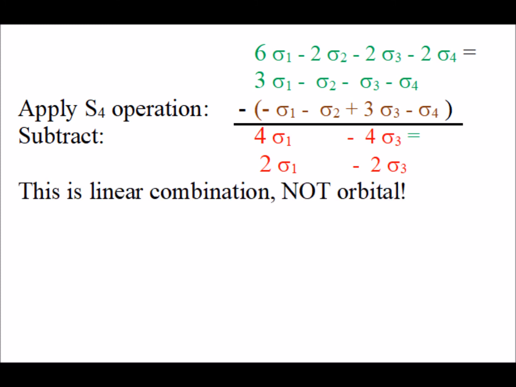It turns out that this expression in red is not a molecular orbital either, as you would be able to determine if you draw it out and then try to find the appropriate atomic orbital on carbon, and there is none. So this is a linear combination as well, but we are closer to finding the actual molecular orbitals.